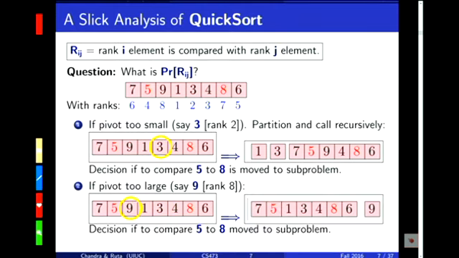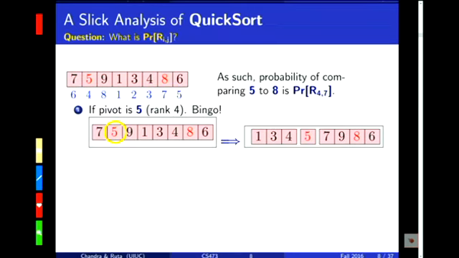Then again it is pushed into a subproblem, because 5 and 8 are both smaller than 9. So again, we cannot answer in this round whether they are going to be compared or not. We have to ask again in this subproblem. What if the first pivot is 5?